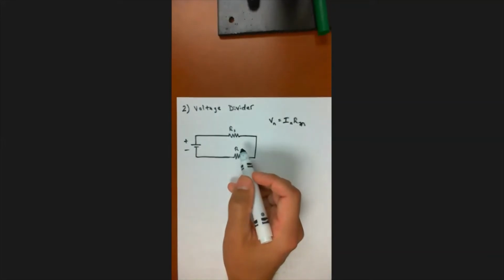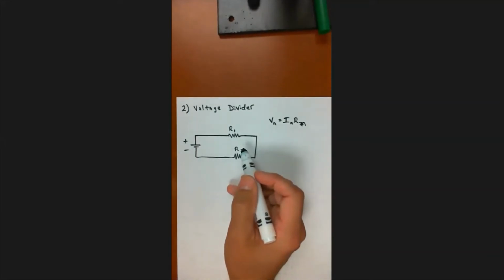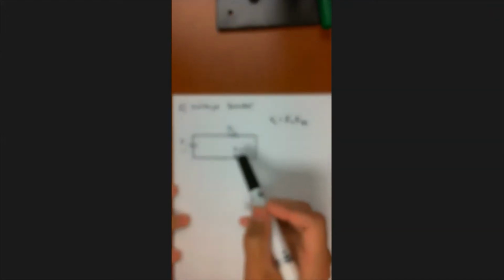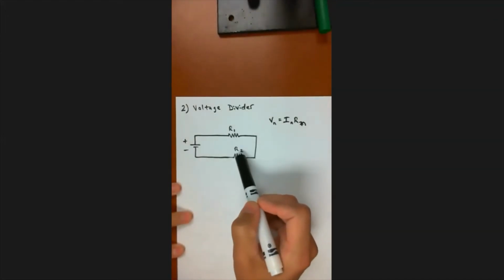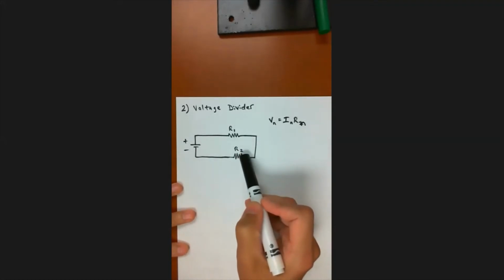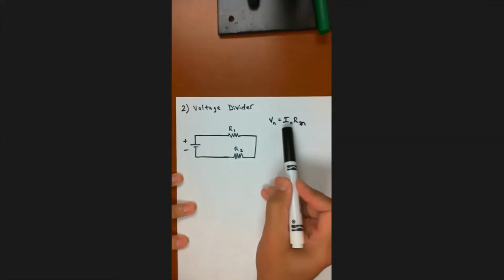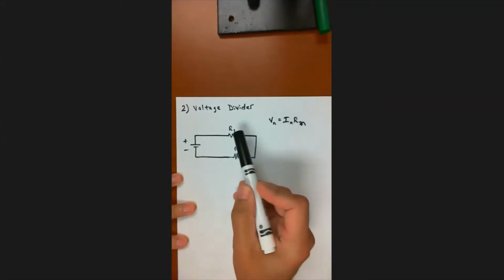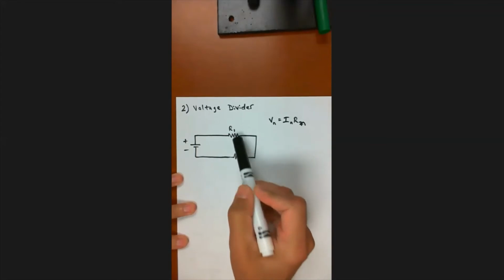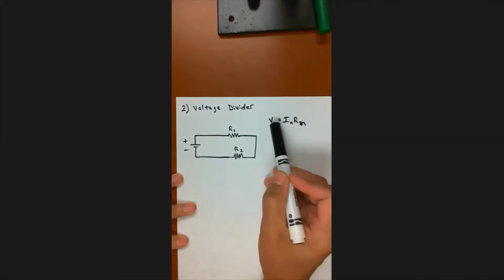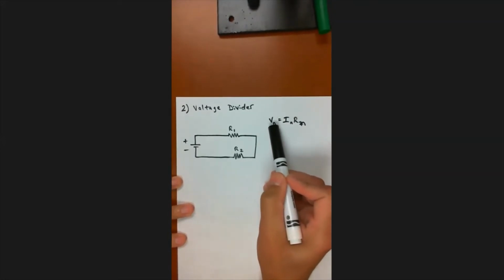Even so, I think it's intuitive that if R1 equals R2, then they're going to have the same voltage drop, because they have the same current, so I is the same. And if R is the same, then I would have the same V, the same voltage drop.